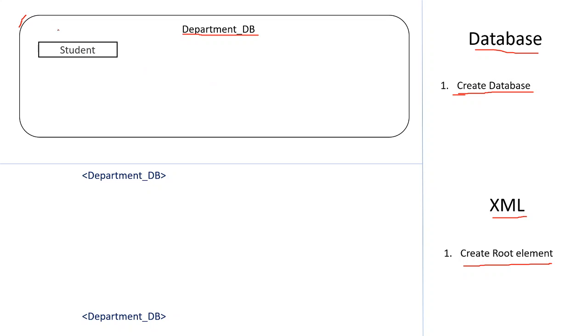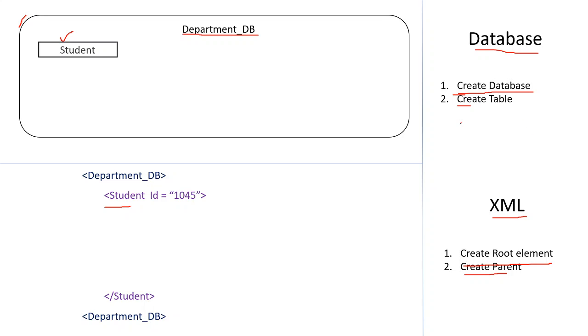I create a table called student. In the database I created the table, so in XML I will create the parent. Similar to the database, like a table, I create a parent in the root. In a database we call it a database, in XML we call it a root element; in a database we call it a table, in XML we call it a parent.